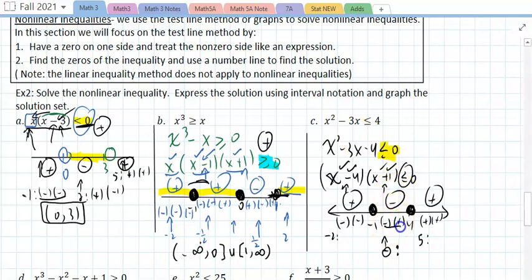This was negative times a positive is a negative. So where is it less than 0? It's less than 0 right here. So the solution is negative 1 to 4 included. Couple more to go.